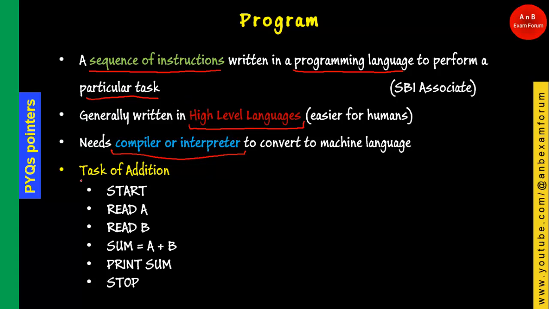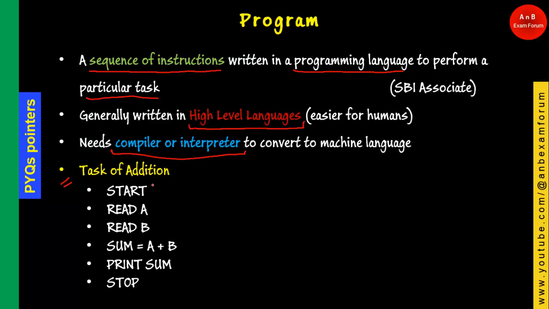So if we have a task of addition, we are going to write a simple program. A program can be like this: we are going to start, we are going to read a number A, we are going to read a number B, we are going to put the addition result into some another variable, and finally we are going to print the sum, and we are going to stop that task.